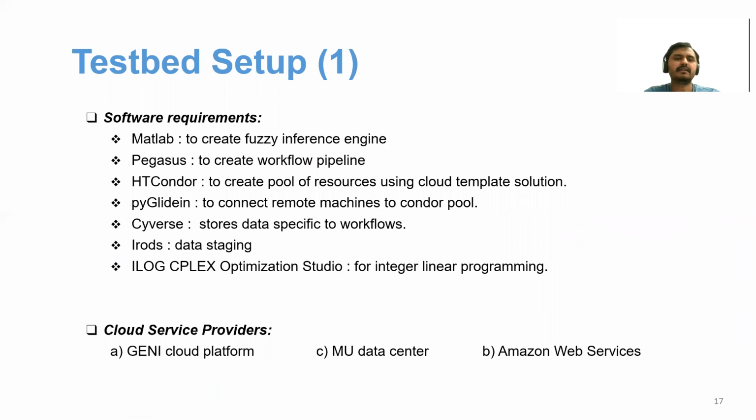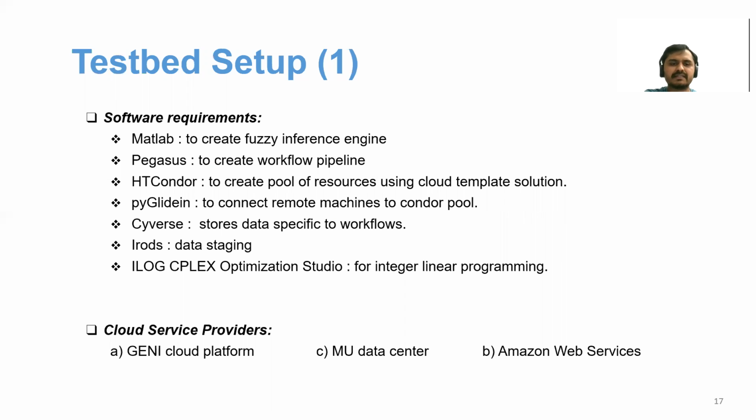We created the testbed by using a set of software tools, namely MATLAB. MATLAB was used for creating the fuzzy inference engine. Then Pegasus was used to control the workflow management. Condor was used to create clusters on these clouds. And Pegasus-Pyglidein was used to integrate Pegasus and Condor with the cluster.